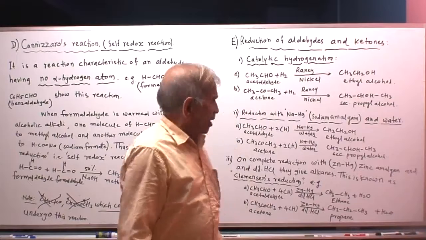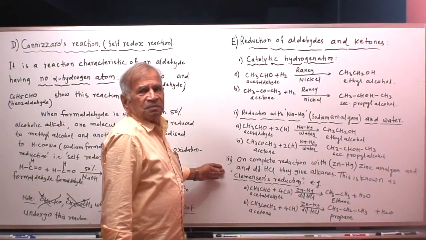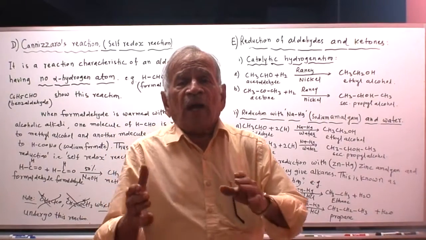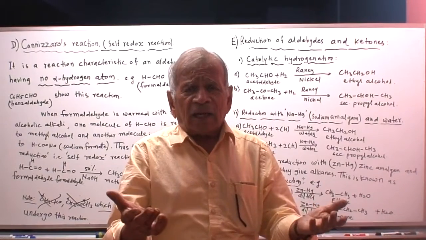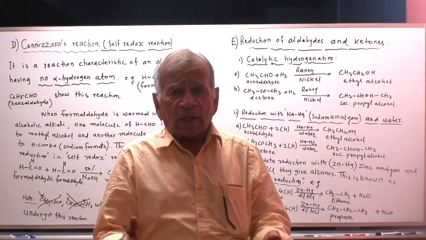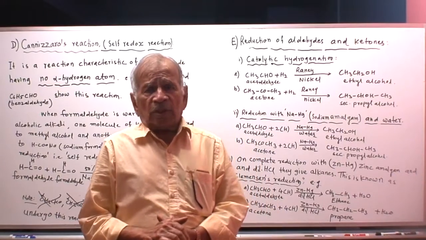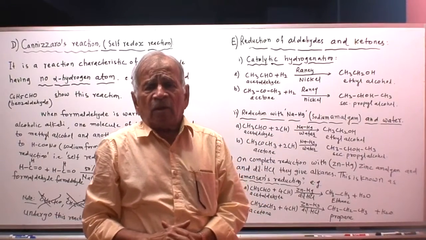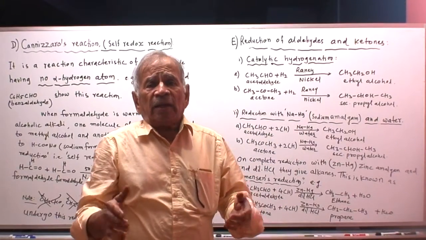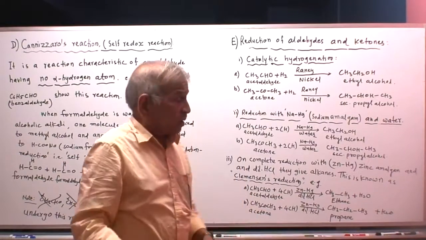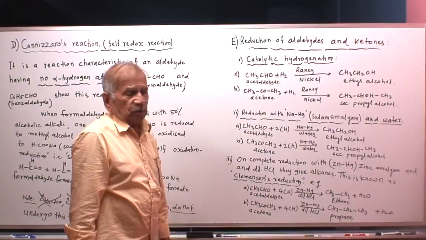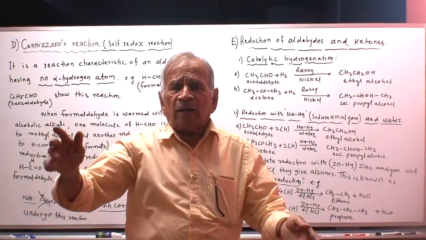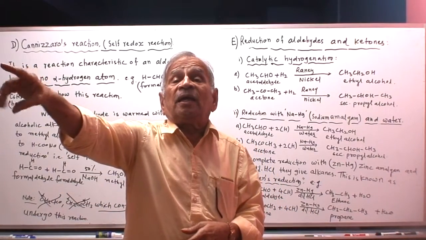Now the next reaction is marvelous, something new. Because in these earlier two reactions we have seen how aldehydes on reduction either by using sodium amalgam and water or by catalytic hydrogenation in presence of Raney nickel give the corresponding alcohol. Aldehydes give primary alcohol and ketones give secondary alcohol. But in this third reduction of aldehydes and ketones, there is complete reduction of an aldehyde or a ketone to the corresponding alkane.